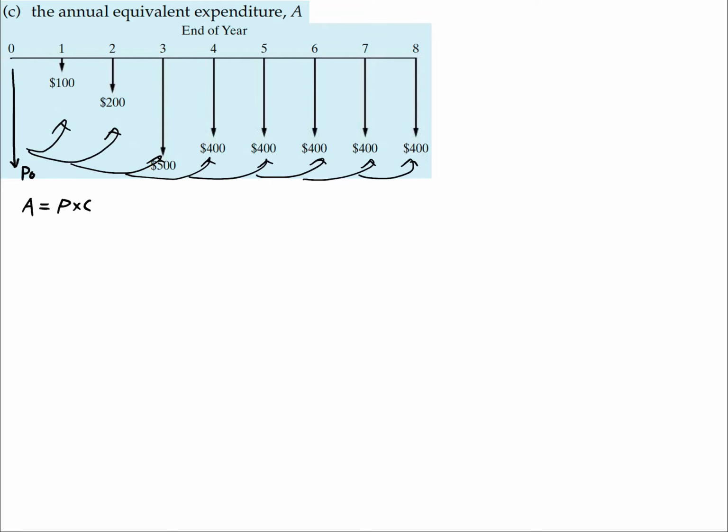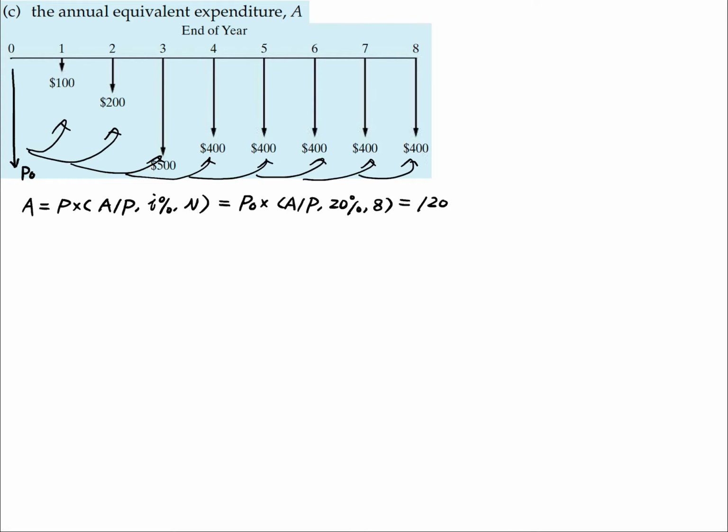To find annuity given P, the equation is P times the factor A/P i% N. P is P0, A/P 20%. How many years are you going to distribute the money? It's 8 years, so it's 8.